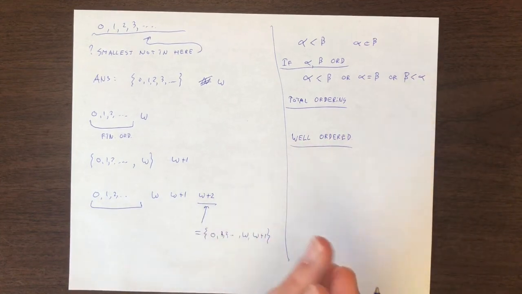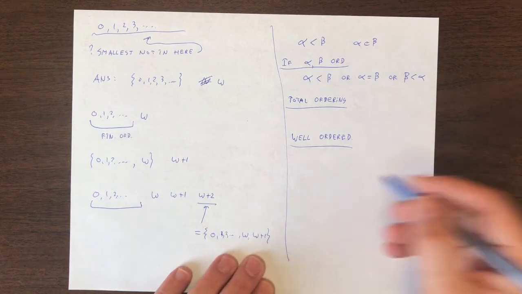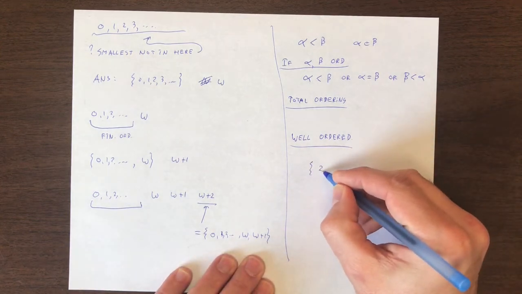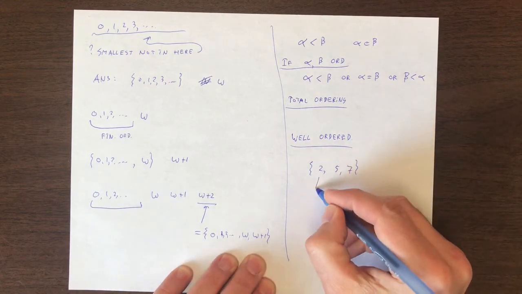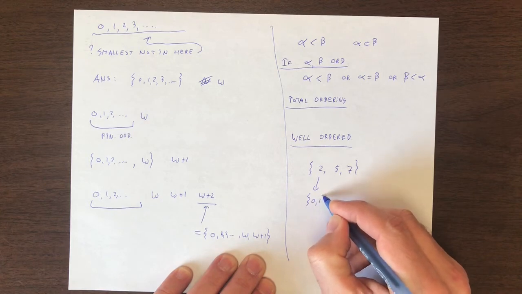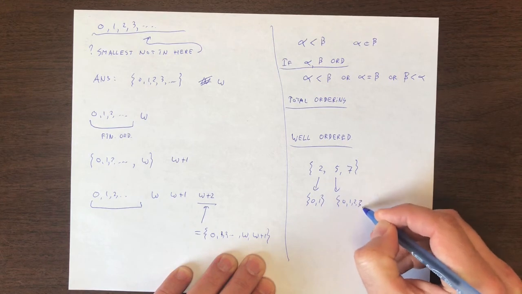Well ordered, there's a number of ways to define this. One way is that any set whose elements are ordinals will have a minimum. And what is that minimum? It's simply the intersection of all the elements. So for example, if I have the set 2, 5, and 7, but remember this 2 was just short notation for 0, 1. And this 5 was short notation for 0, 1, 2, 3, 4.